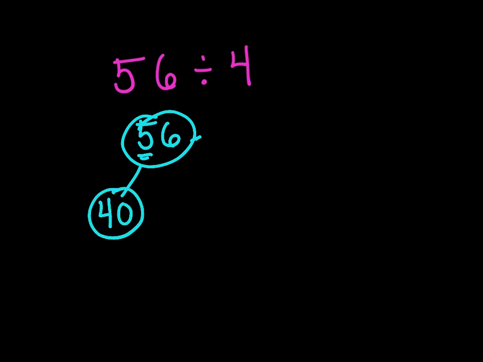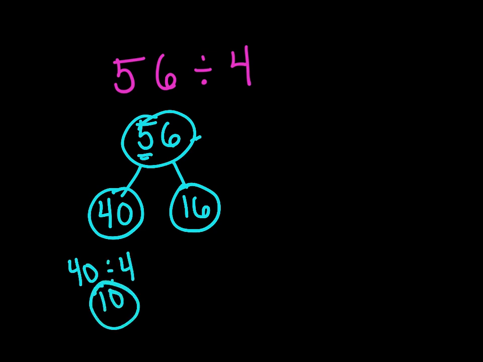Now 56 minus 40 would be 16. So now if we keep dividing by 4, 40 divided by 4 is 10. And then if we do 16 divided by 4 is 4. So 4 plus 10 is equal to the quotient of 14.